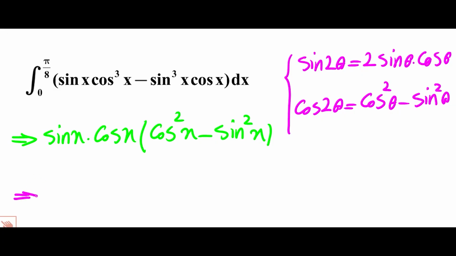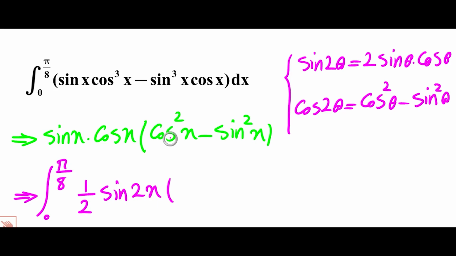So we have the integral from 0 to pi over 8 of sine of x times cosine of x, which according to this formula is 1/2 sine of 2x, times cosine squared x minus sine squared x, which according to this formula is cosine of 2x dx.